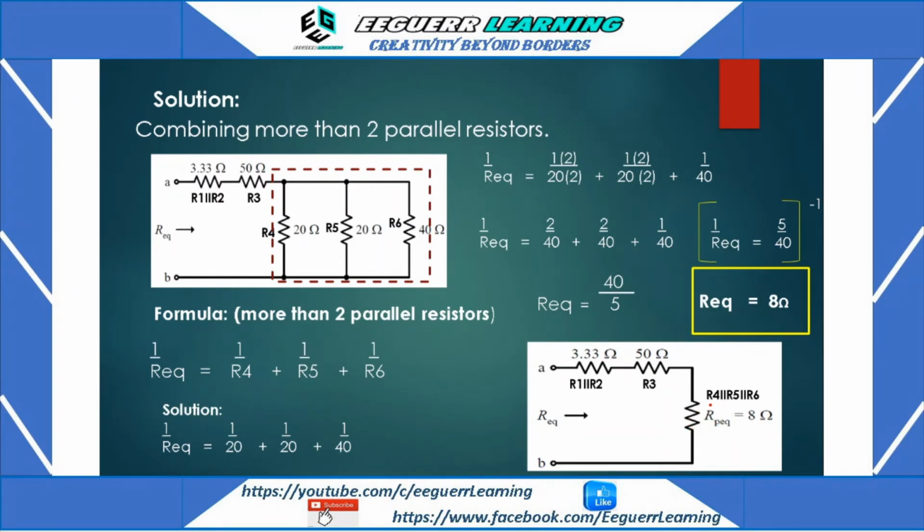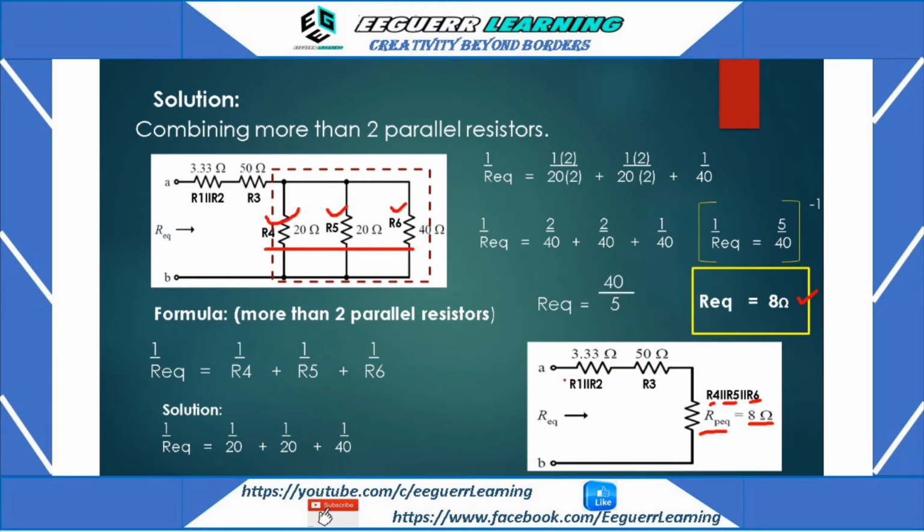Combining R4, R5, and R6 will give us 8 ohms, similar to what we had solved, the total resistance of these 3 resistors, R4, R5, and R6.